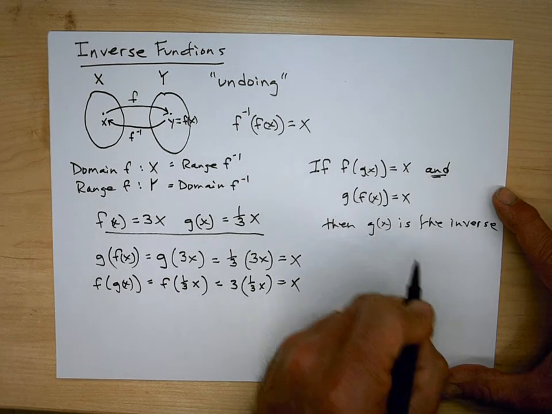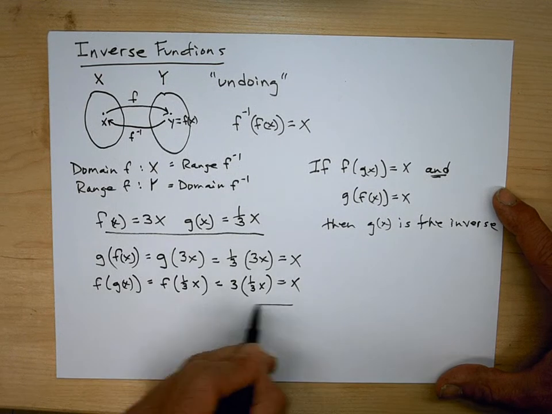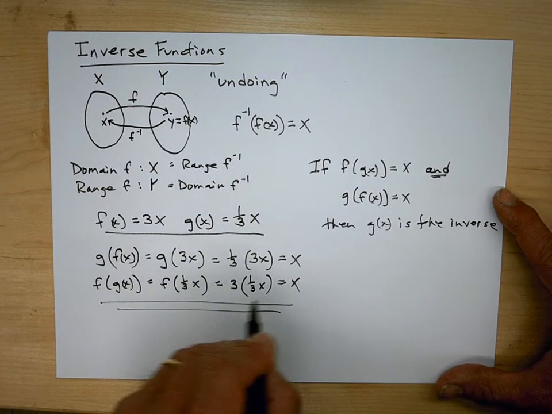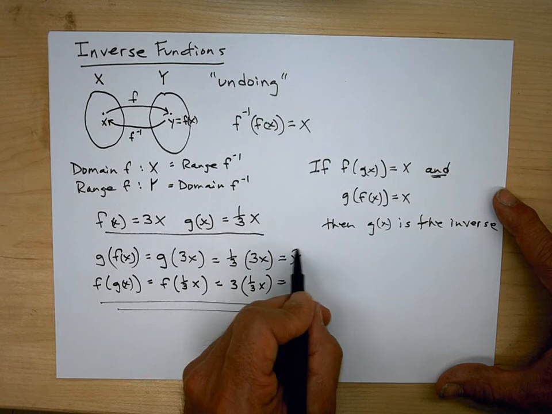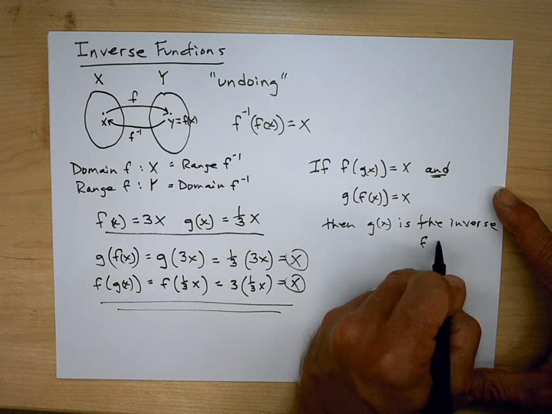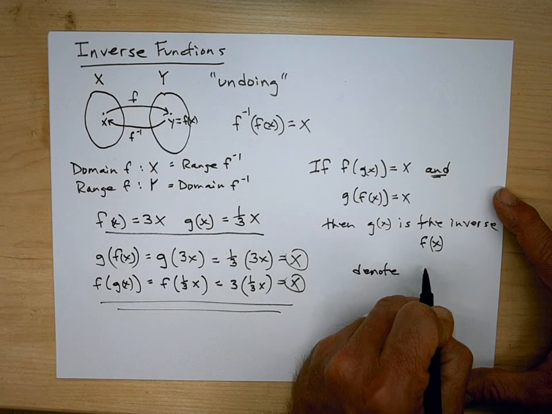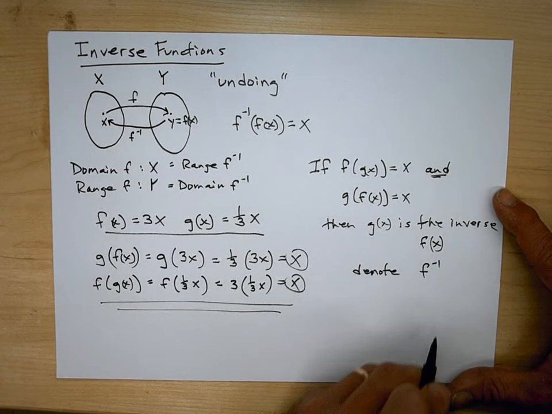This is a way to test to see if two functions are inverses of each other. We just plug one function into the other and then switch, and we should get back x in both cases. So to finish the sentence, g is the inverse of f, and we denote the inverse of f as f inverse.